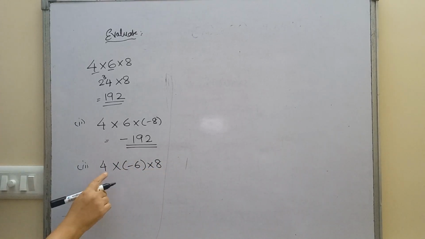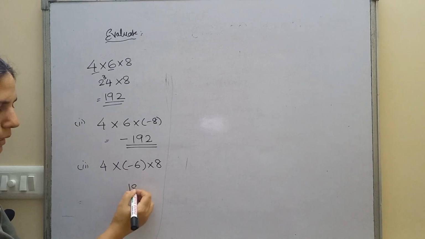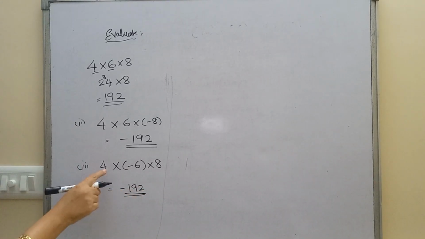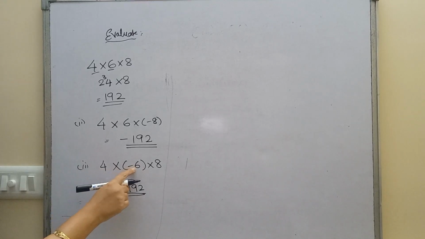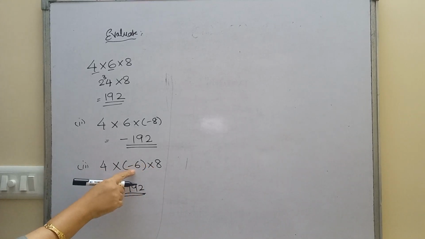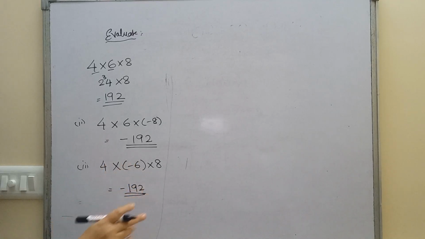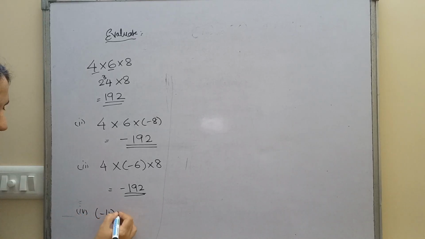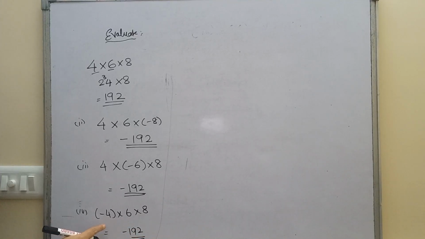Again 6 fours are 24, 24 eights are 192. The answer will come in negative only. Why? Minus plus minus, minus plus again minus. Got it? Fourth, what if this one is in negative? Again, since the number of minus signs is odd, the answer will be in minus.